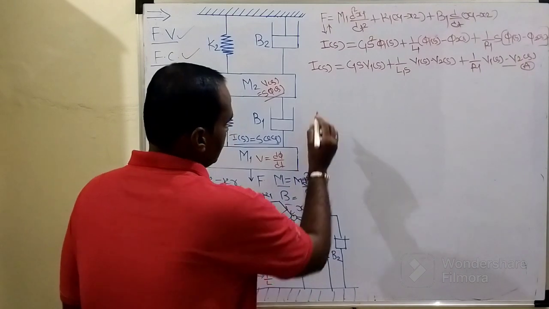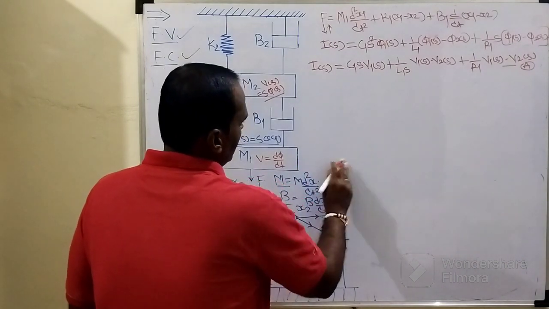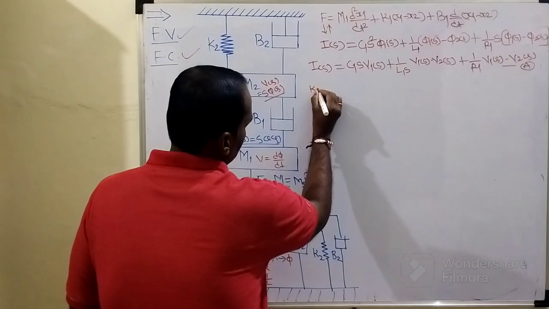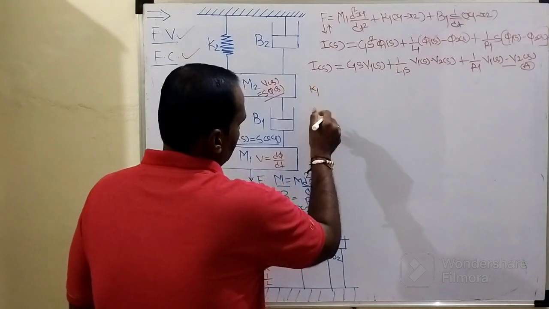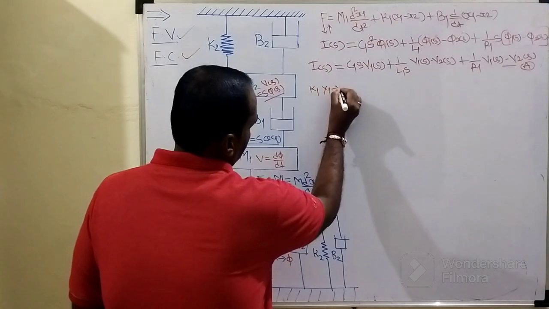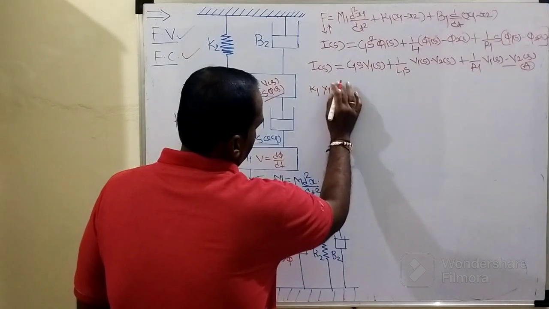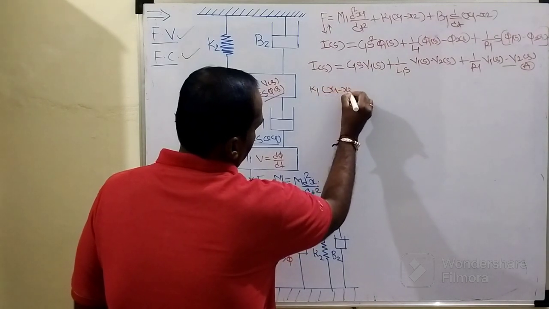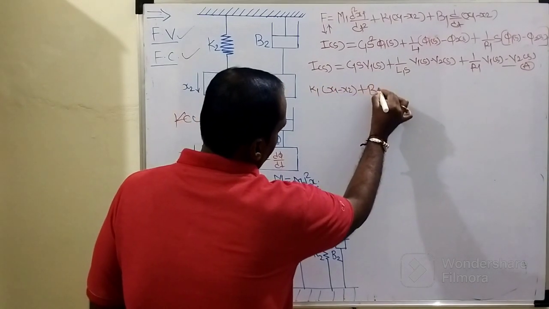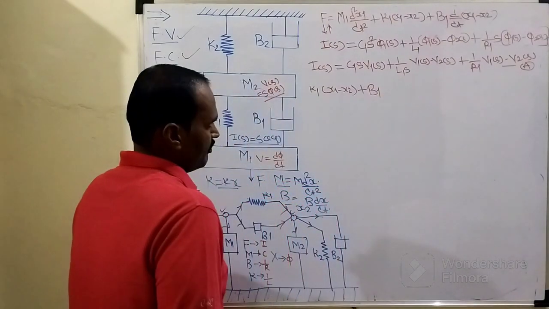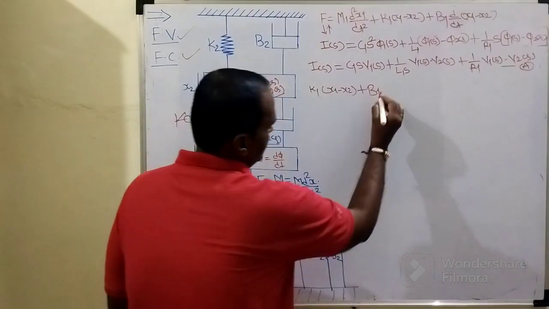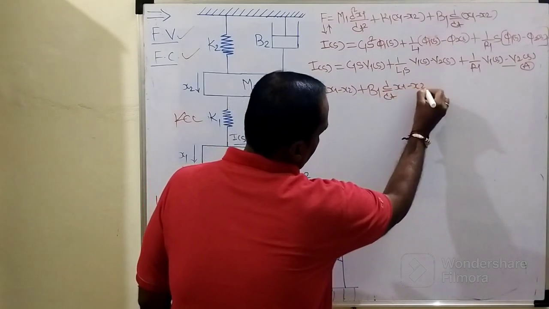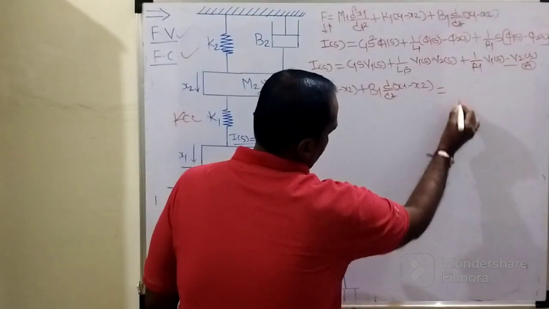Initially we will consider this K1. So here I will write K1 associated with x1 as well as x2. So it will become K1 times x1 minus x2 plus this B1, the force equilibrium equation, first order differentiation d by dt followed by x1 minus x2, right?